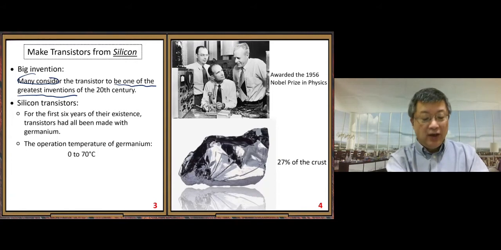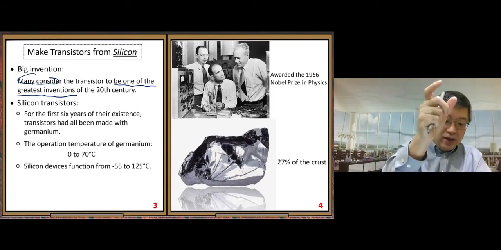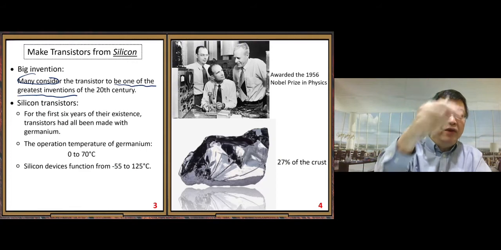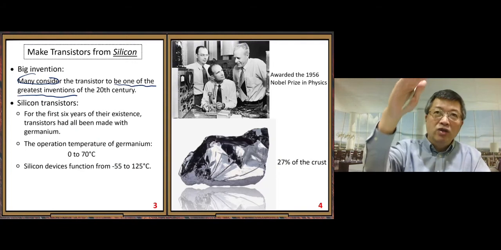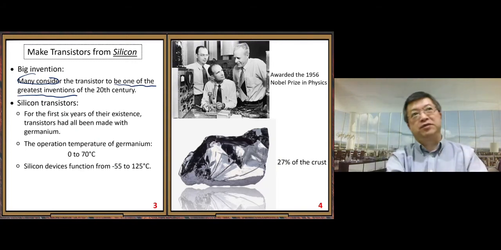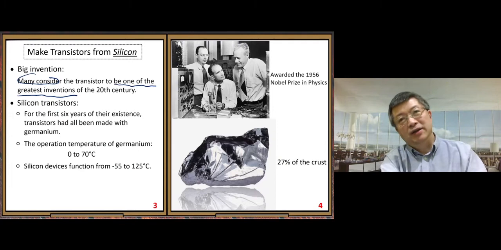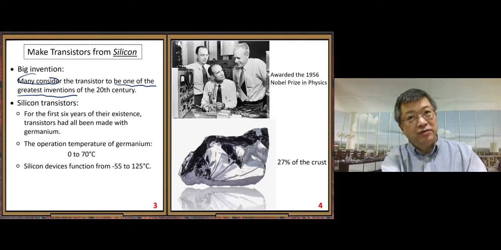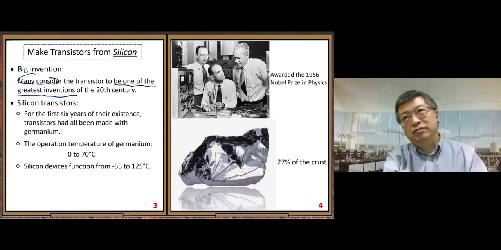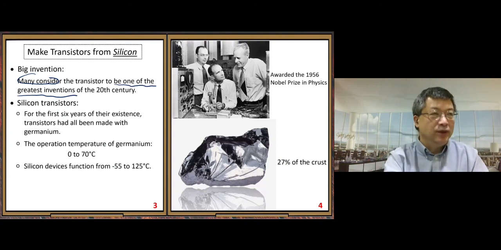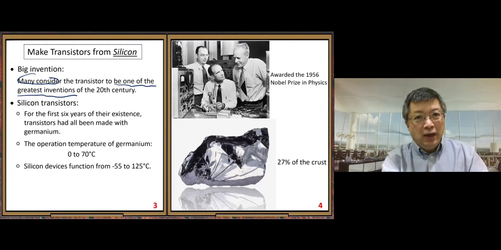Silicon devices function from -55, really low, to 125 degrees Celsius. So much bigger range. You can see, for that particular reason, it is a better option. Definitely there are many other properties, but here I just mention one simple property.